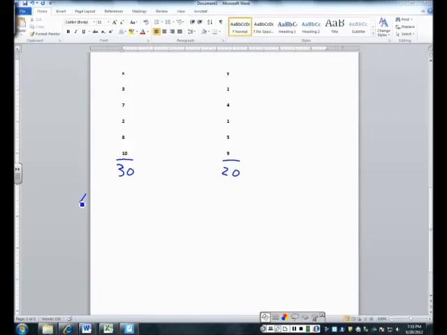So x bar, the sample mean, is equal to the sum of the x's divided by n, and that's 30 divided by 5, which is 6.